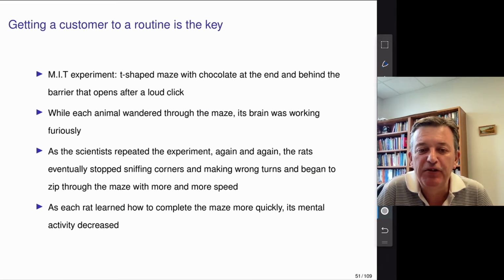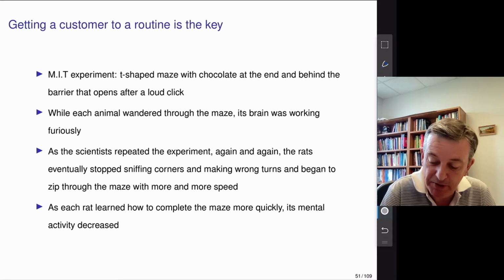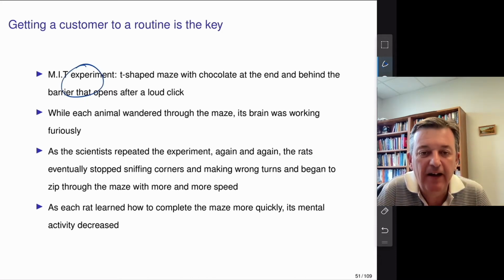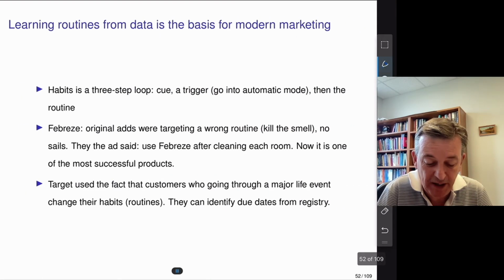There's a huge literature on understanding consumer behavior. There's a bunch of MIT experiments. Again, go to the link. Understanding why people buy things and why people do things is big business. I'll leave you to read that one.